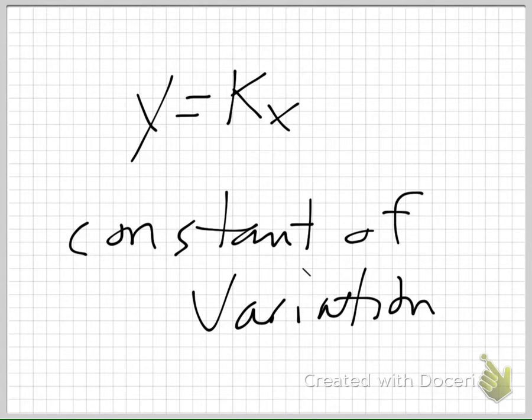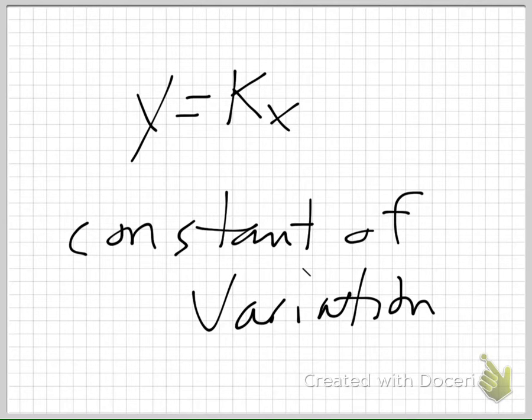They're identical. It's kind of like how y can also be f of x, right? One is you're talking about functions, one is you're talking about an equation, but they're the same. The constant of variation and slope are the same. So it's kind of silly.